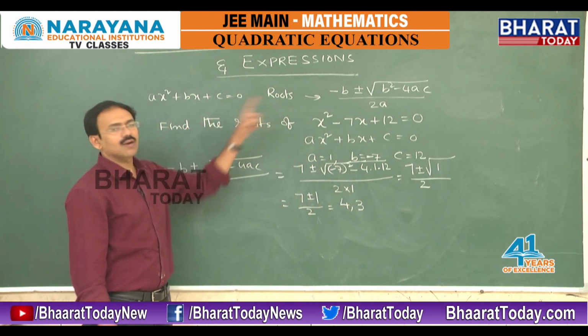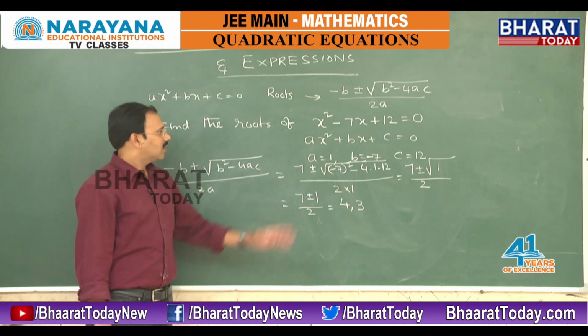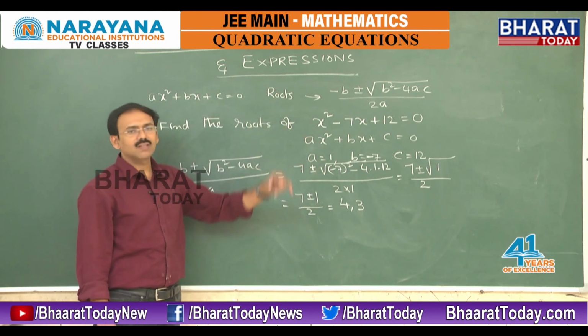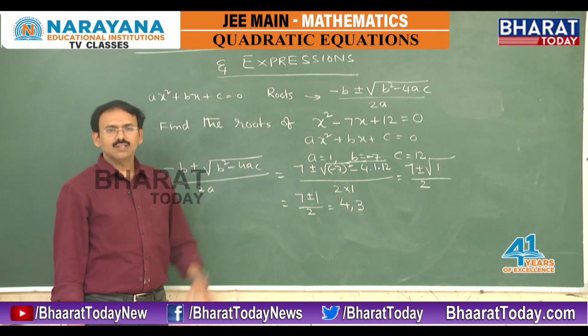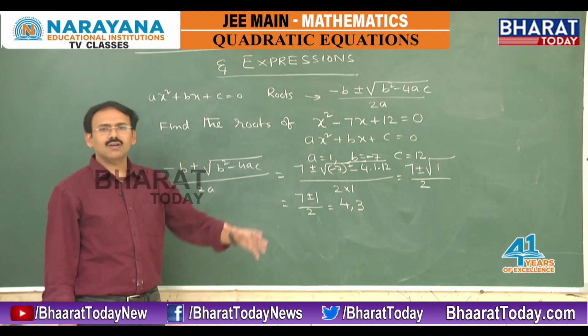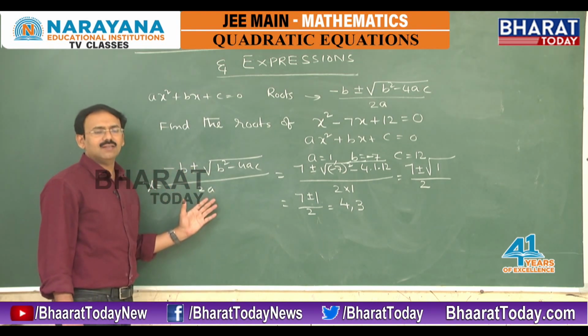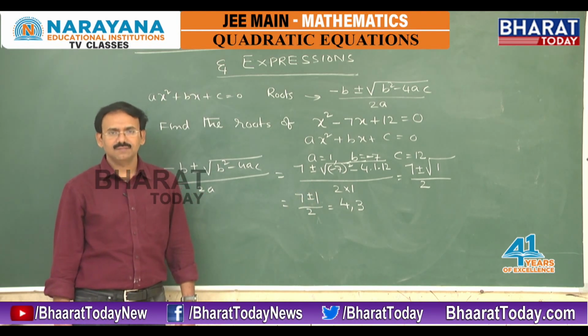So for this quadratic equation, the roots are 4 and 3. If necessary, we can cross check whether these numbers satisfy the equation or not. They will definitely satisfy. So given any quadratic equation, by the mechanical procedure of applying the formula, you can find the roots.